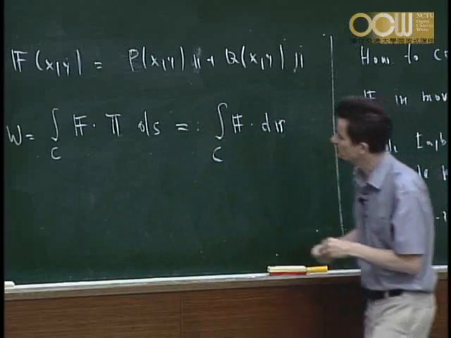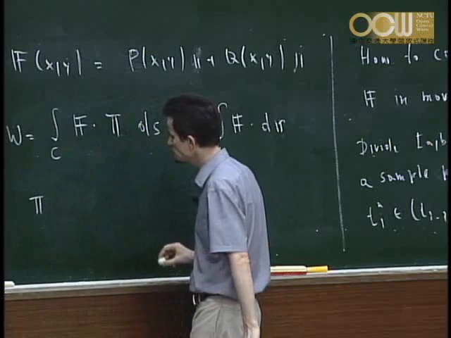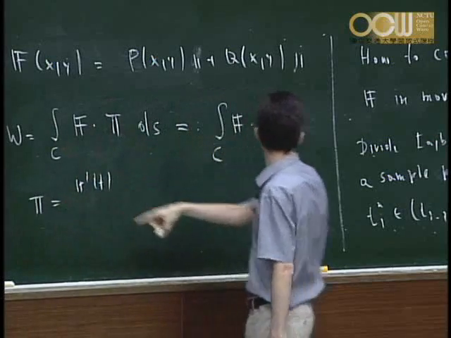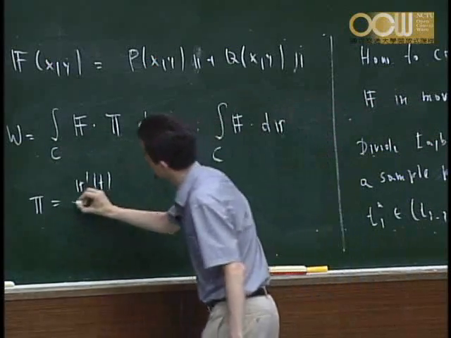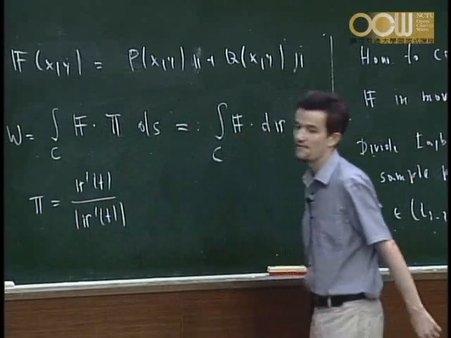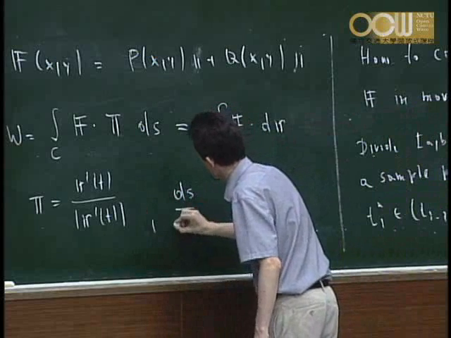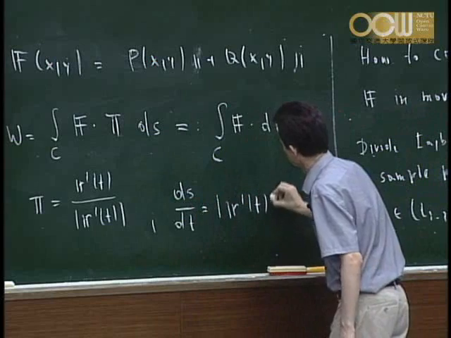And how is this related to the line integral with respect to x and with respect to y? For this, we recall that the tangent vector is given by the derivative of the vector function describing the plane curve over the length. But we know that ds over dt is also the length of the derivative.